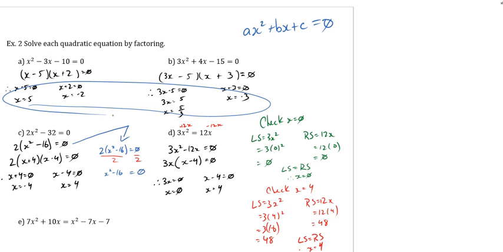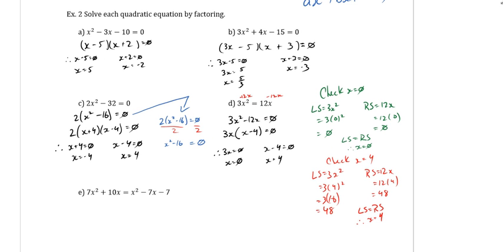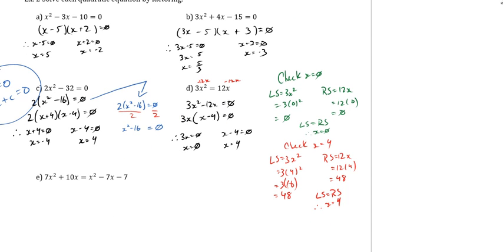What happens if my b is gone, so b equals 0? I would have just ax squared plus or minus c equals 0. That's this kind, right? No middle term. Difference of squares. What happens if I have ax squared plus bx equals 0? No c term. Common factor.